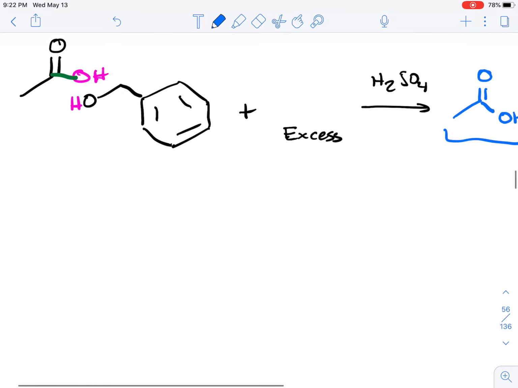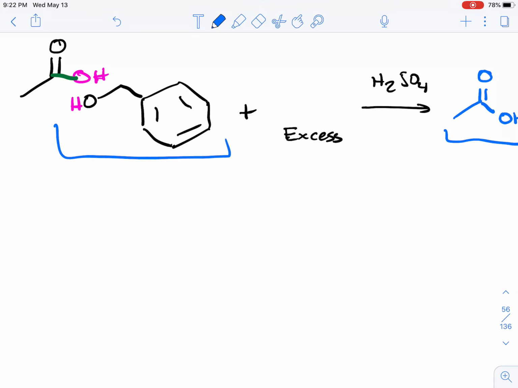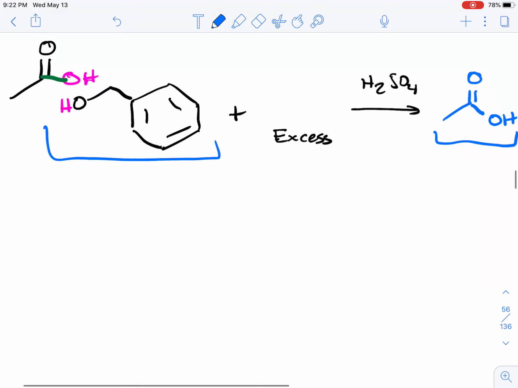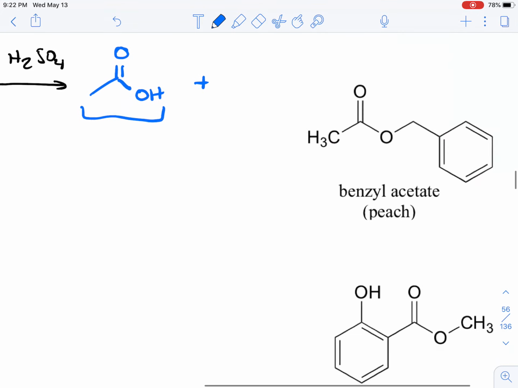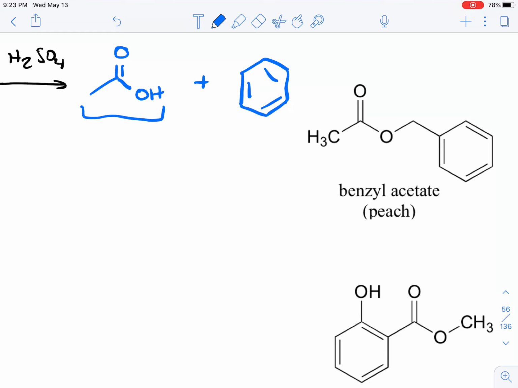So acetic acid and ethanoic acid is referring to the same thing. And so the second product is going to be this benzene ring with a carbon that's covalently bonded to a hydroxyl group. And so what we get, so you just want to make sure that you have that extra carbon, and then we have the OH.